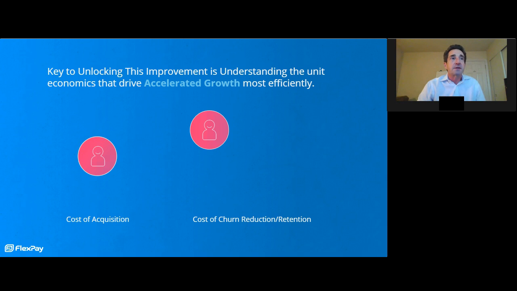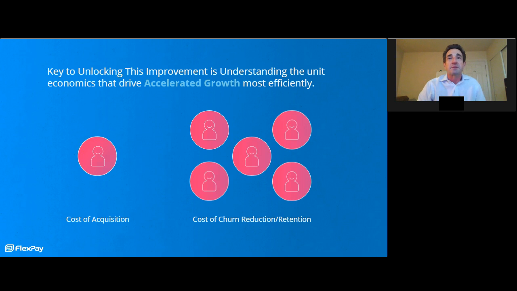Of course, there are acquisition costs, right? You bring in new customers. Often the cost of acquisition for subscription businesses is typically 4, 5, 6, 7 months of billings, so it's reasonably expensive. And we also have churn reduction, or reducing the rate of customers that leave your business, or increasing retention, and the cost of achieving that is the other factor.